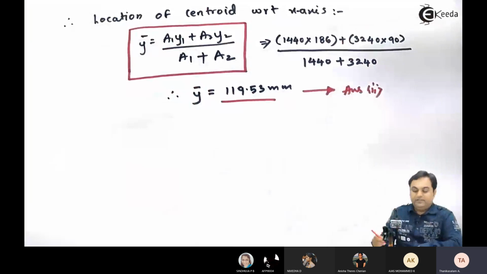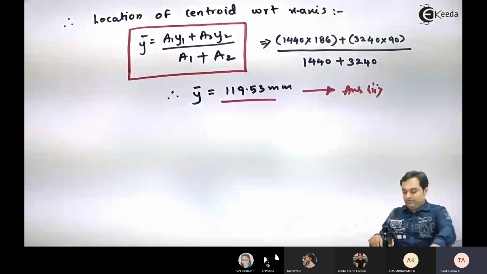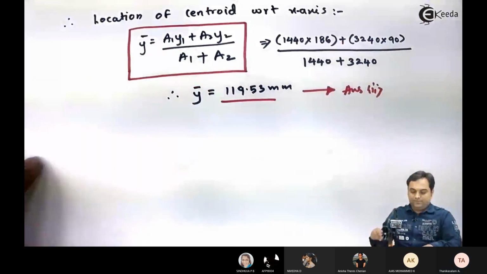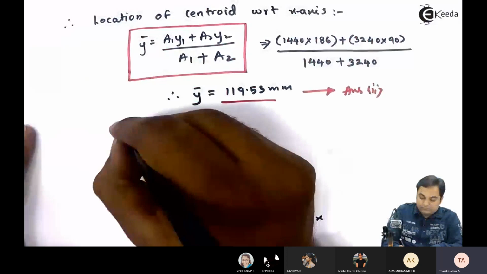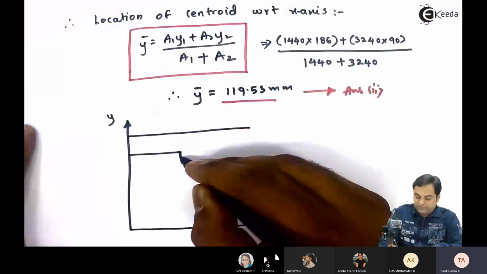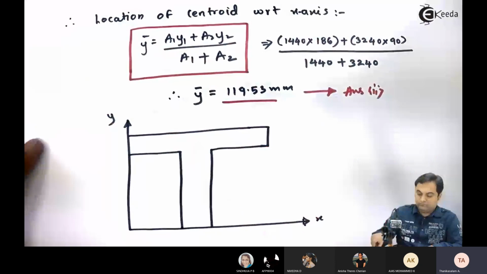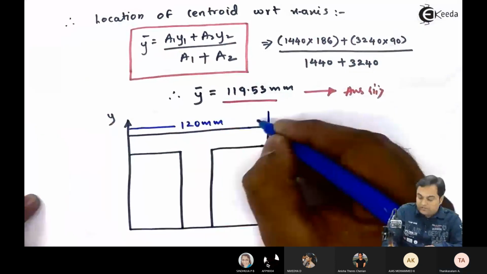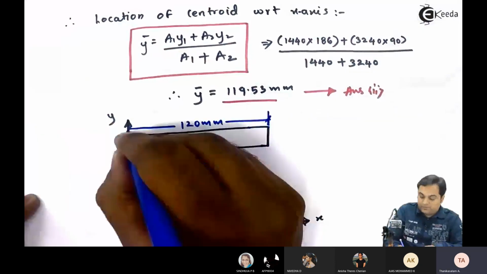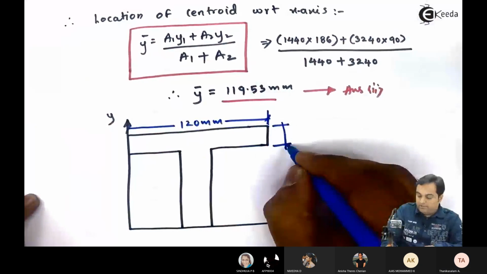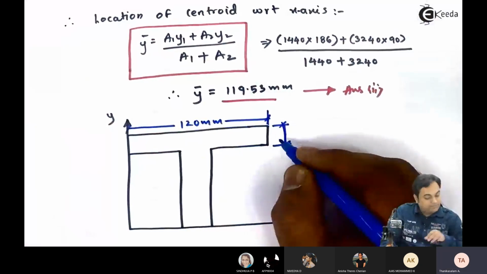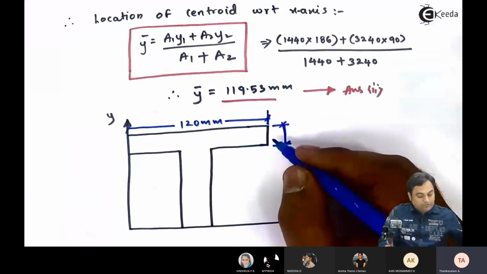Now after getting x bar and y bar, we can locate them on the section. Here I draw the section again. The flange was 120 mm and the height was 12 mm.